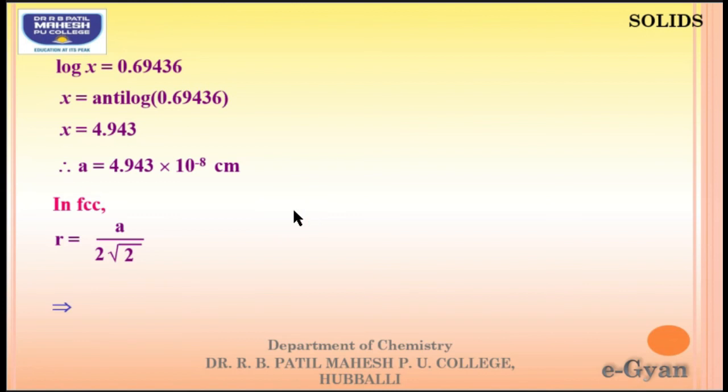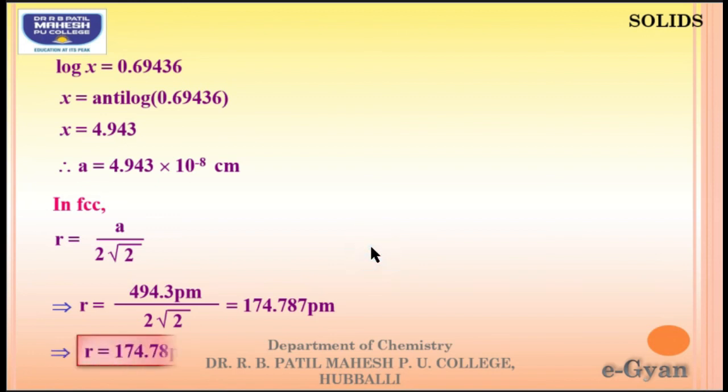So on substituting the value of a, 494.3 picometer divided by 2 into square root of 2, on solving we get 174.787 picometers. In approximation, when I do the round off, 174.78 picometers.